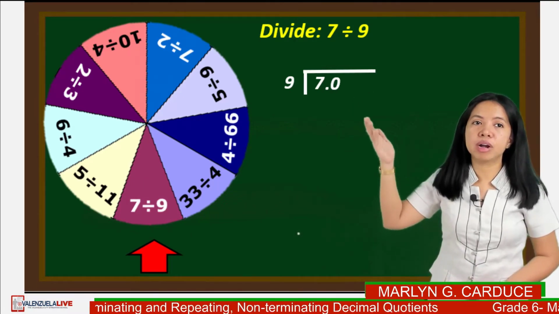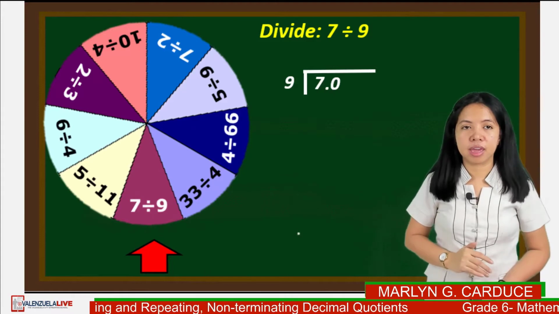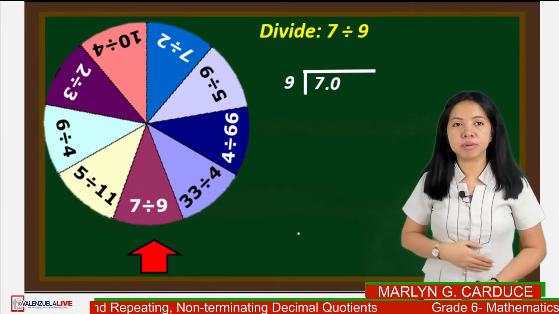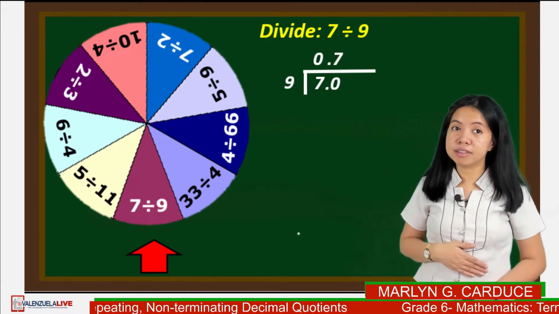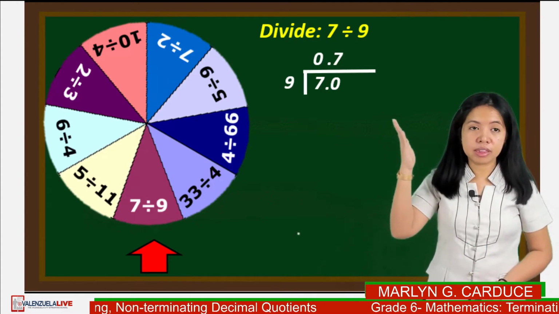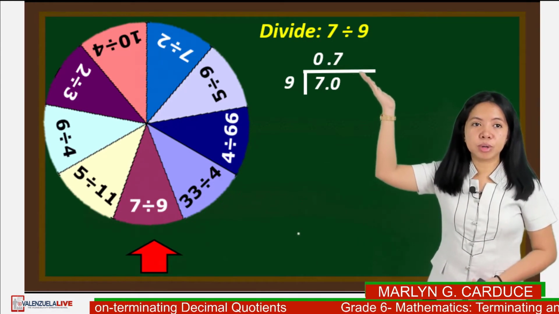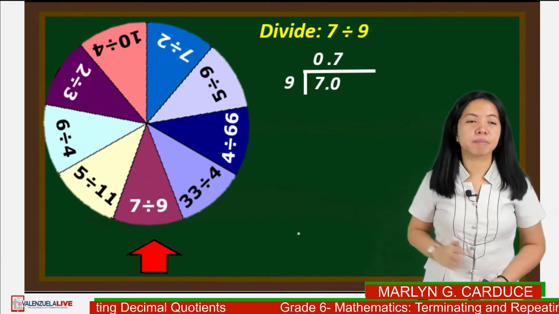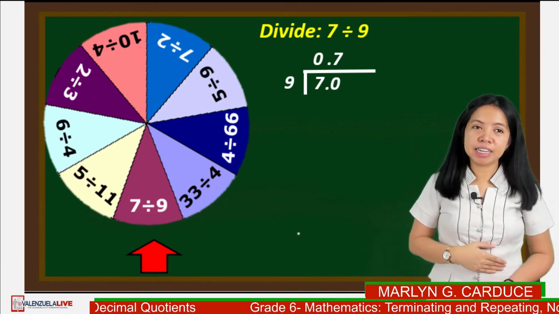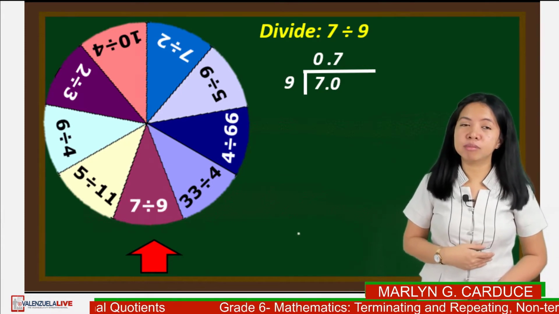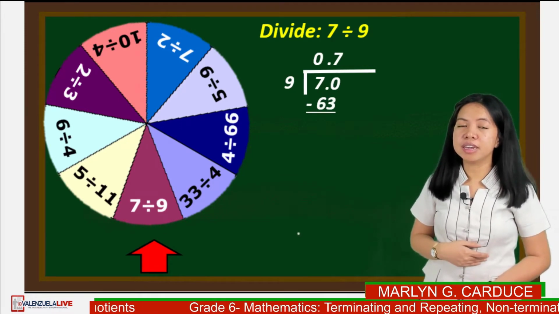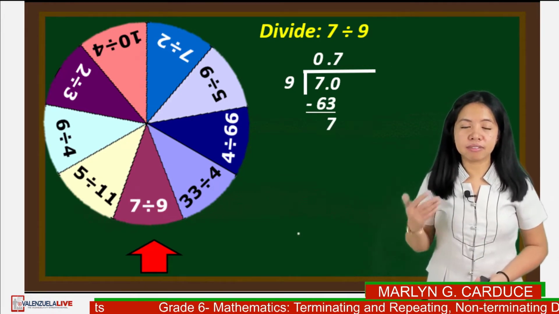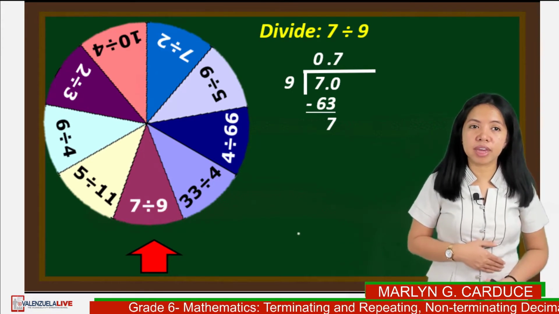So we can now assume our dividend as 70. And let's start dividing the numbers. 70 divided by 9 is 7. And then write 0 above 7 and also a decimal point. And then let's multiply the numbers. 7 times 9 is 63. And let's subtract 70 minus 63 is 7.